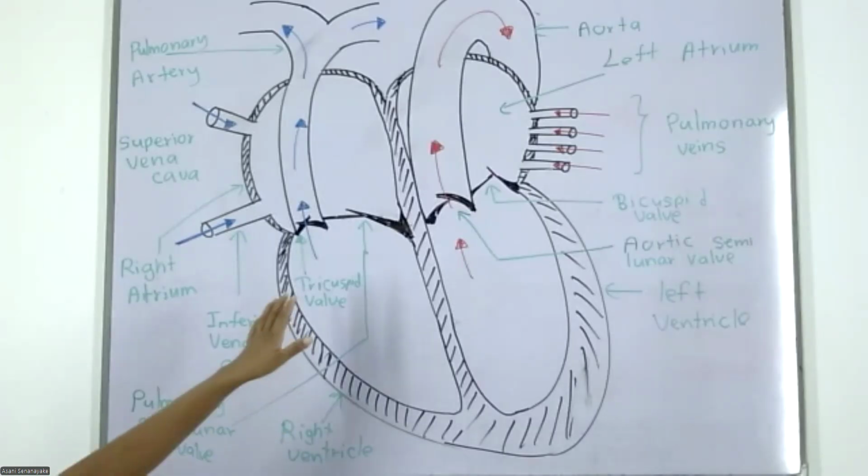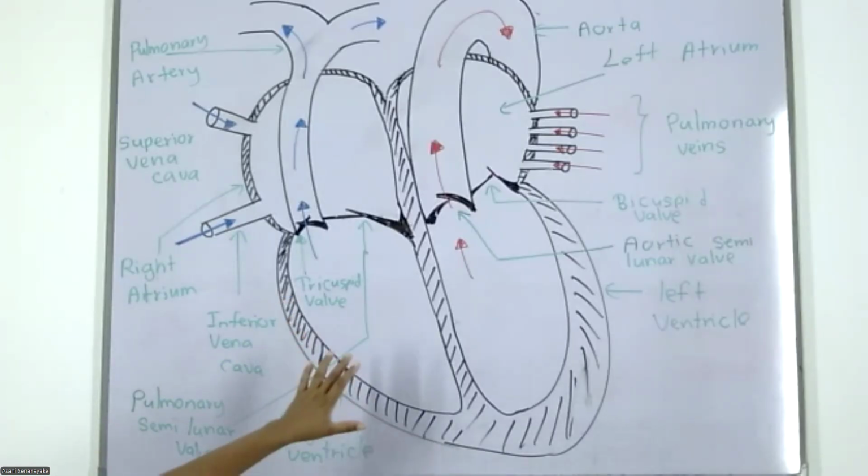In my case, you can see the ventricles are not too large or the atria too small. So when you draw this next time, don't go like this. The same volume should be there in the four chambers. That's the one thing.